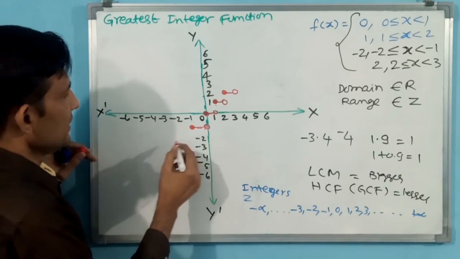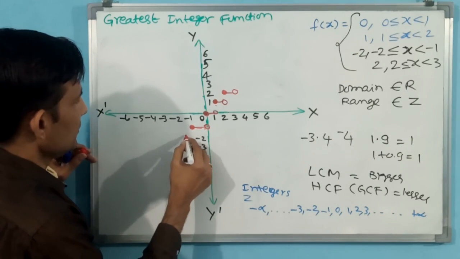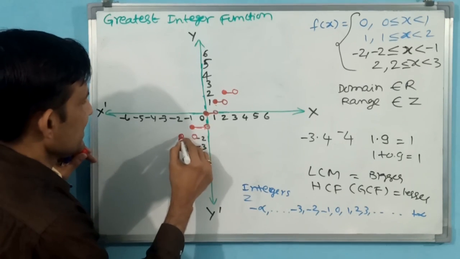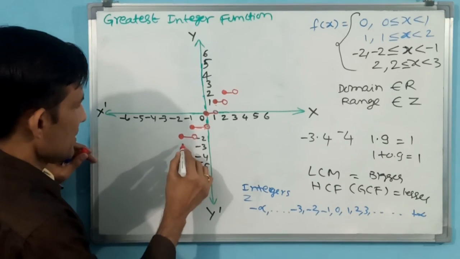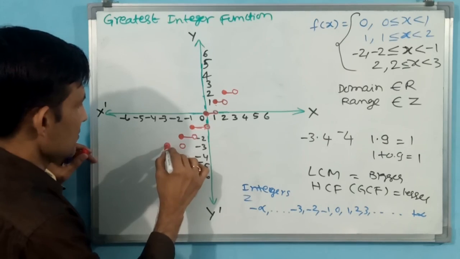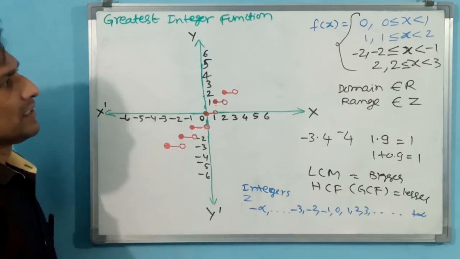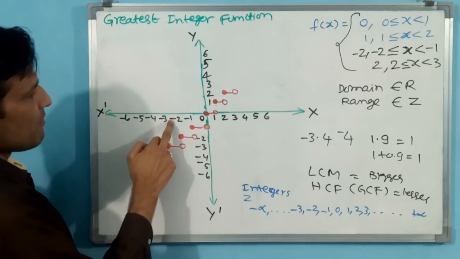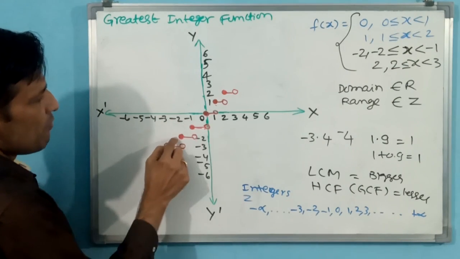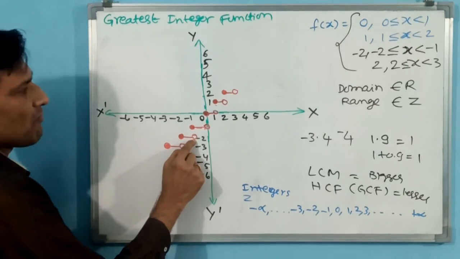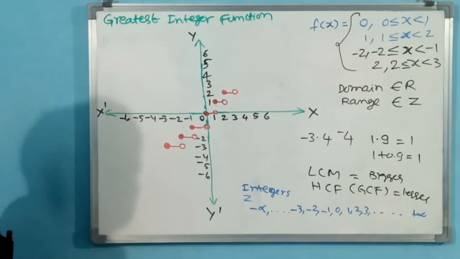See, same thing: this is closed, this is open. If x is greater than or equal to minus 2 but less than minus 1, minus 2 will come. Minus 2 closed interval, minus 1 open interval, open bubble. This is the graph of the greatest integer function.